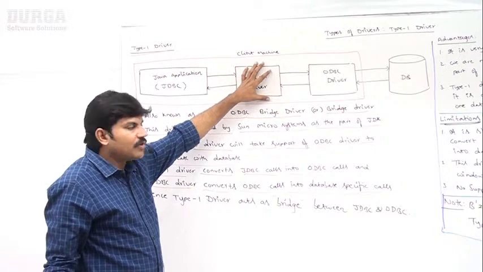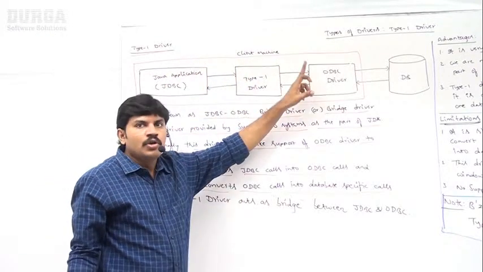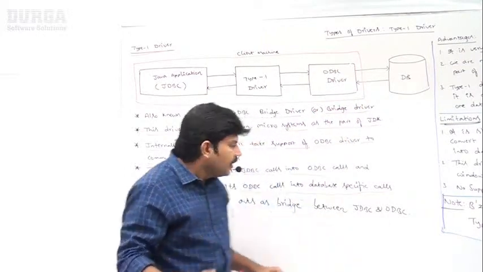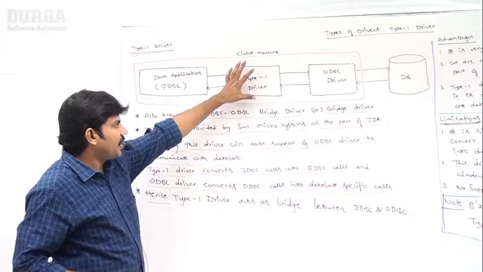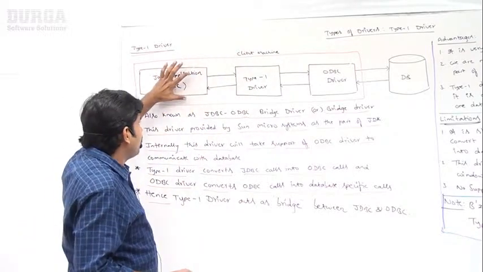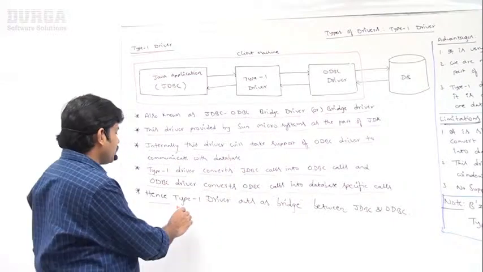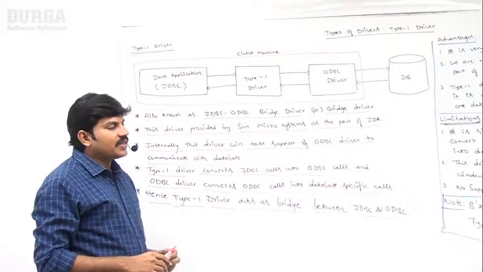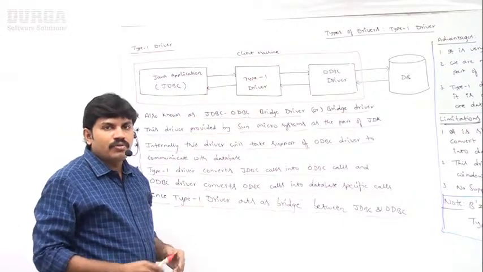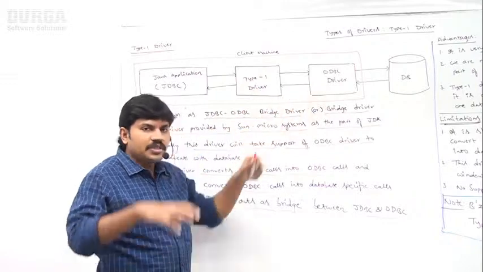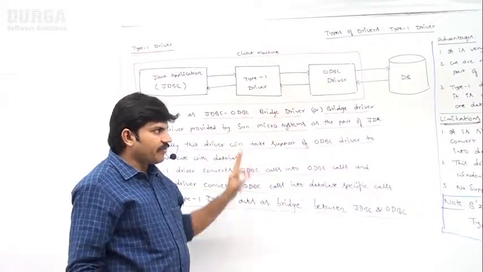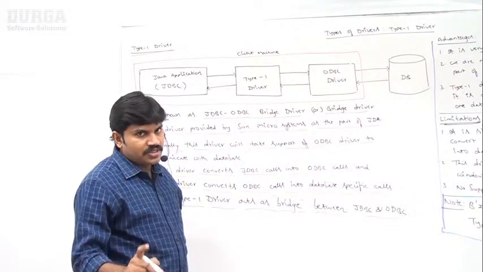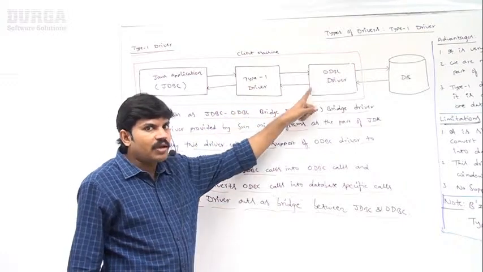Hence the type 1 driver acts as a bridge between JDBC and ODBC. So that's why this type 1 driver is also known as the JDBC ODBC bridge driver, or simply bridge driver. Are you in a position to understand? Okay, sir, who provides the type 1 driver? Sun Microsystems. Internally the type 1 driver takes the support of the ODBC driver.